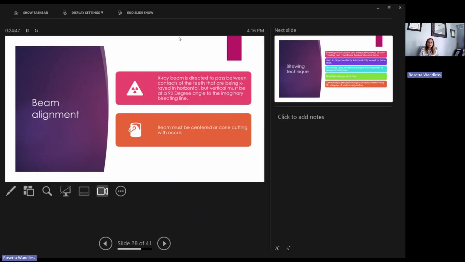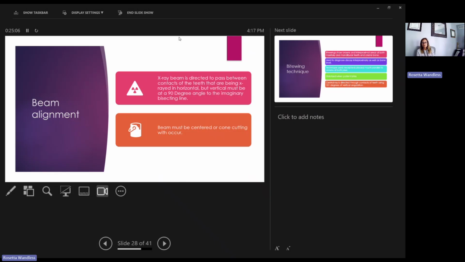Beam alignment. The x-ray beam is directed to pass between the contacts of the teeth being x-rayed in the horizontal, but the vertical must be at a 90-degree angle to the imaginary bisecting line. So 90 degrees, a right angle, is your magic word.